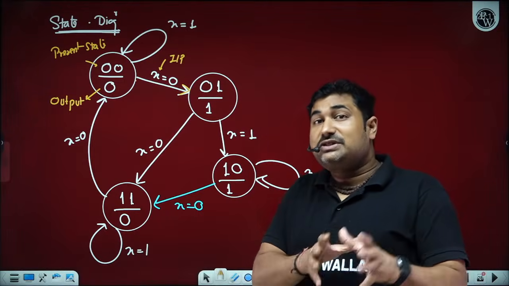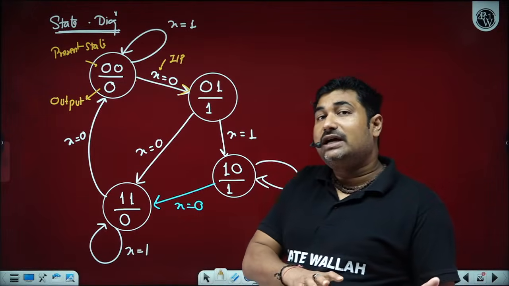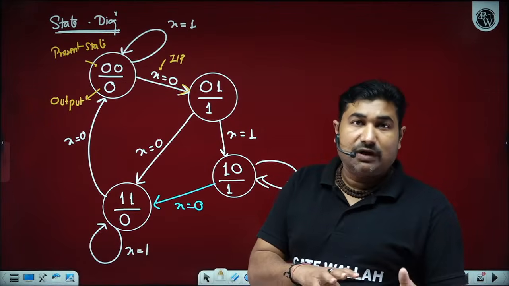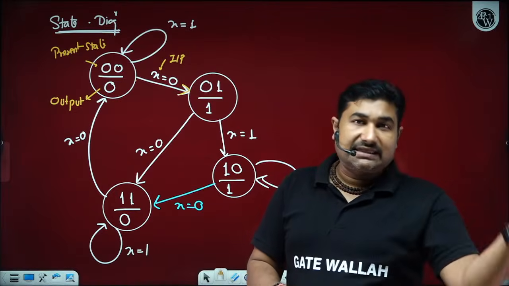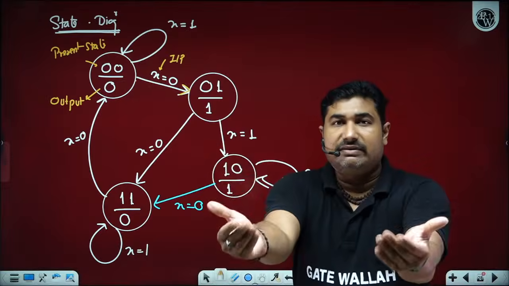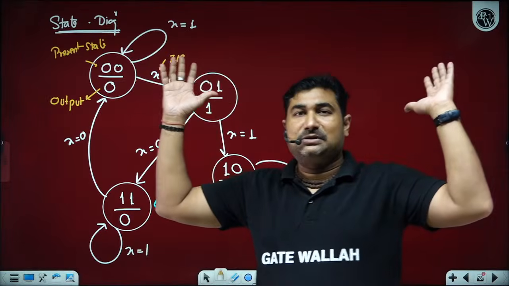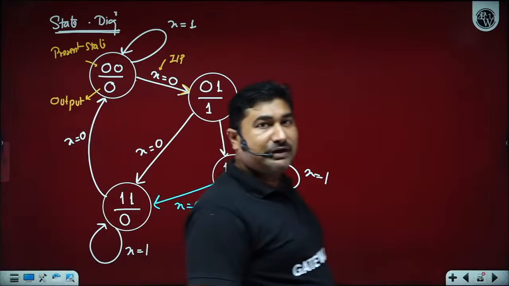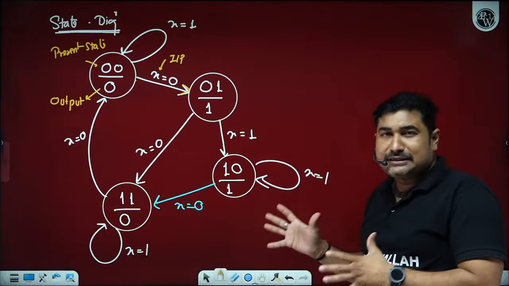Once we have the reduced state diagram, we go with a reduced state table, then write the excitation table from the state table, find the excitation equations, minimize them, and then implement the logic circuit and give it back to the user, saying your circuit has been designed. Is it okay? Great. This is a very important part of your entire digital electronics.